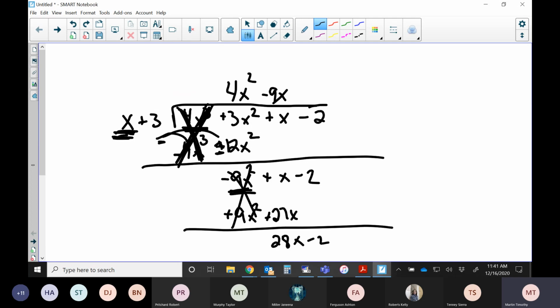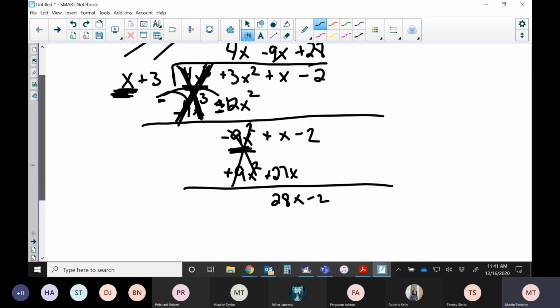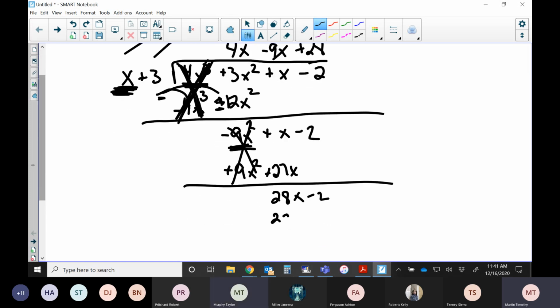Now one more time. How do I make x become 28x? It would just be 28 times x. Right, and then I distribute it just like we did before. And so this becomes 28x plus, what is 28 times 3? 84.